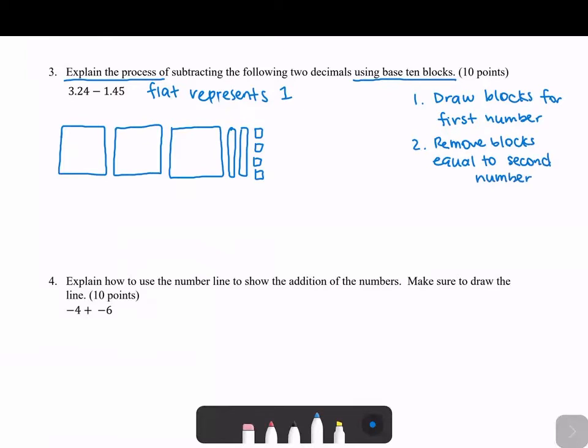So I think it's always easiest to start at the lowest value, because we need to remove 5. We need to remove 5 units. Well, we don't have 5 units to remove. So I'm going to regroup here. And remember, decimals are always in base 10. This question also tells you that we're using base 10 blocks. So if we regroup one of these flats, we're going to get 10 units.